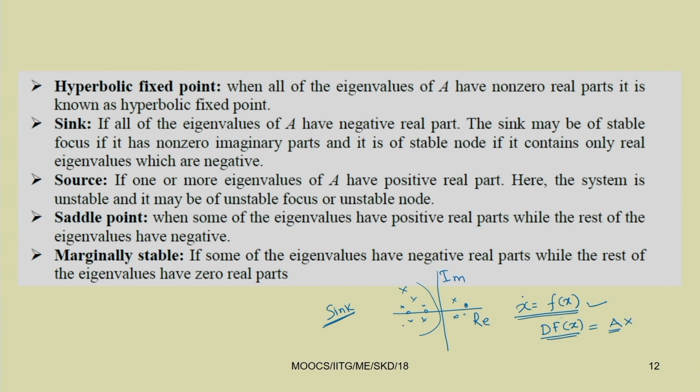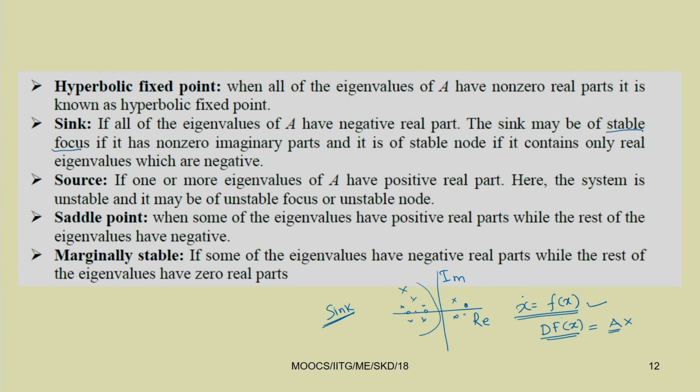If the imaginary parts are 0, then we get a node. If they are complex conjugates, then we will get oscillatory motion, so it may have a non-zero imaginary part. In that case we will get a focus, known as a stable focus.